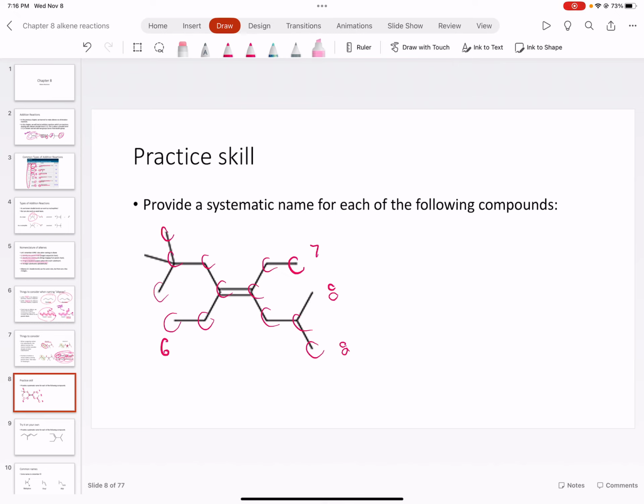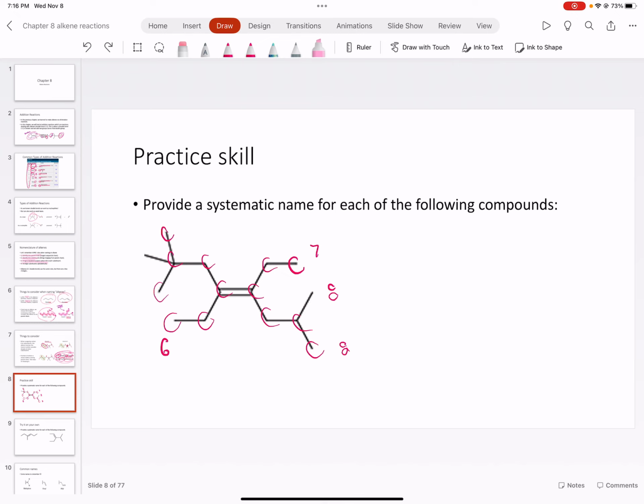So obviously this one is not going to be our longest chain, because the longest chain right now is 8. Also, since we have the presence of a double bond, we want our parent chain to contain that double bond.